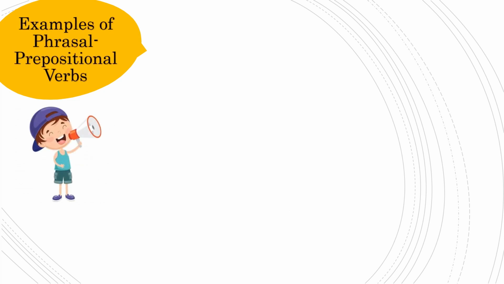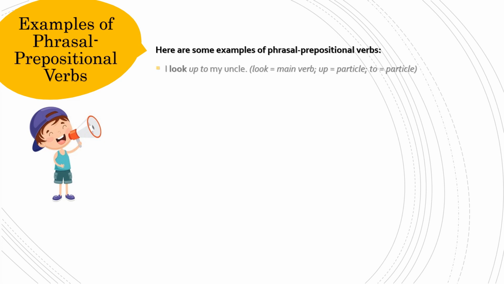Examples of phrasal prepositional verbs. Here are some examples of phrasal prepositional verbs. I look up to my uncle. Where look is the main verb, up is the particle, and to is the particle.